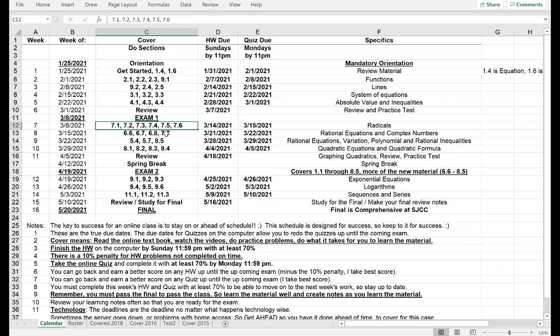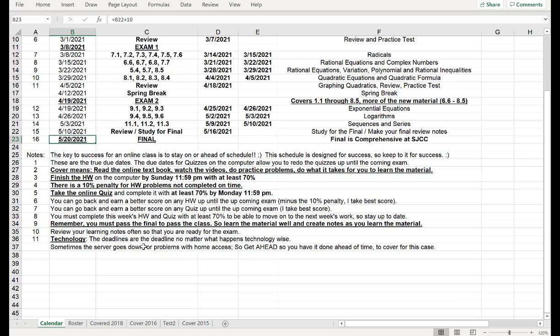Then we have radicals and rational equations, etc., down to another review week, spring break, and then exam 2. Then we have exponential equations, which are awesome. Logarithms, great. Sequence and series, a full long review, and then our final exam on May 20th.